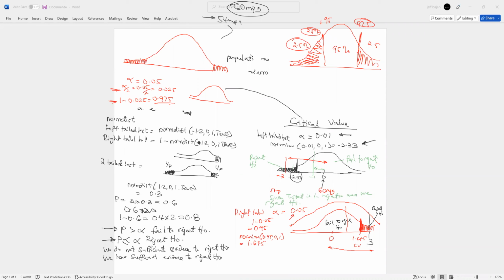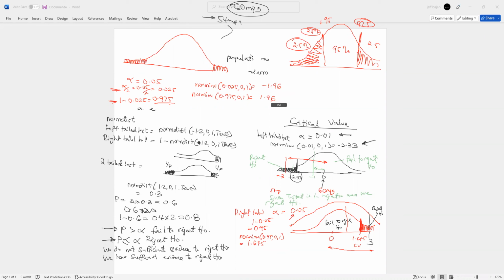You're trying to create a critical value for the two sides, right? And so now the next step is to find a critical value. So we're going to do the norm inverse of the 0.025, 0, 1, and then the norm inverse for the 0.975, 0, 1. And the results you're going to get are going to normally be similar.